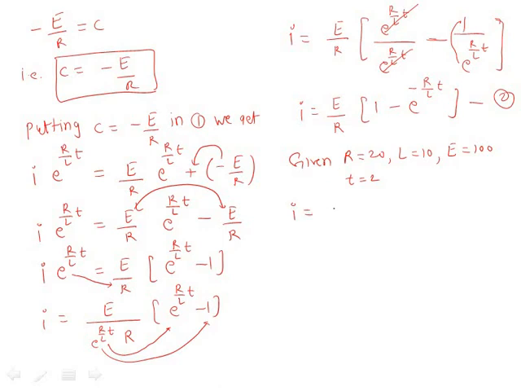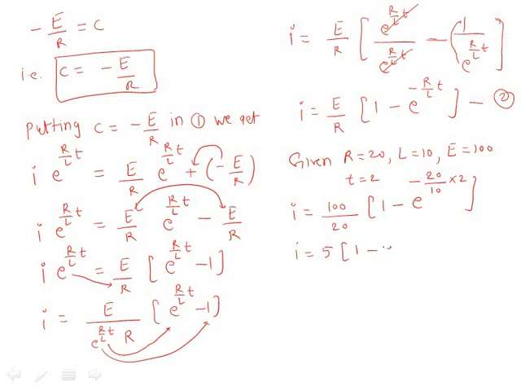So it becomes E by R, the value of E is 100 upon R, R is 20, into in bracket 1 minus e raised to R by L, R is 20, L is 10, into T, T is 2, bracket close.